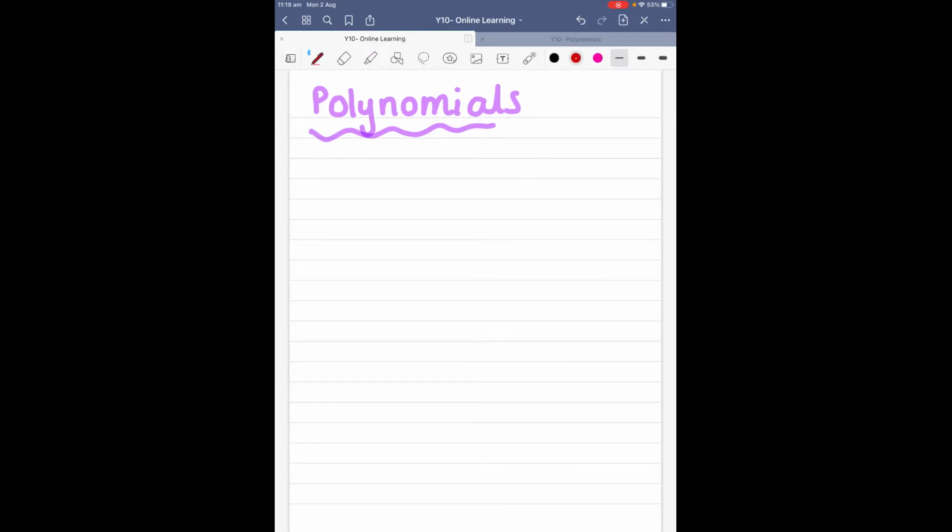The first thing you guys need to know is we have come across several functions throughout this whole course. So let's write this down. We know we have a function that looks something like this. y equals mx plus c, something very familiar, and we know it is called a linear equation.